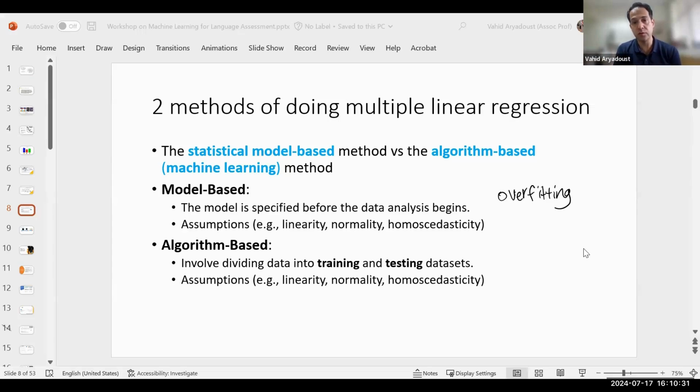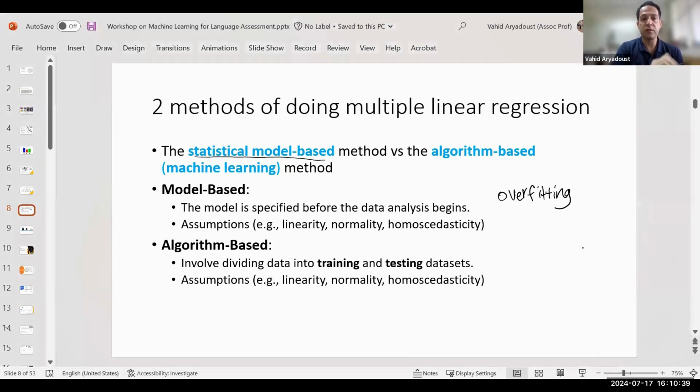This problem is more obvious in model-based or statistical model-based regression than the algorithm-based regression. Why is that? Because, like I said, in an algorithm-based regression model, you divide your samples into training and testing data sets.